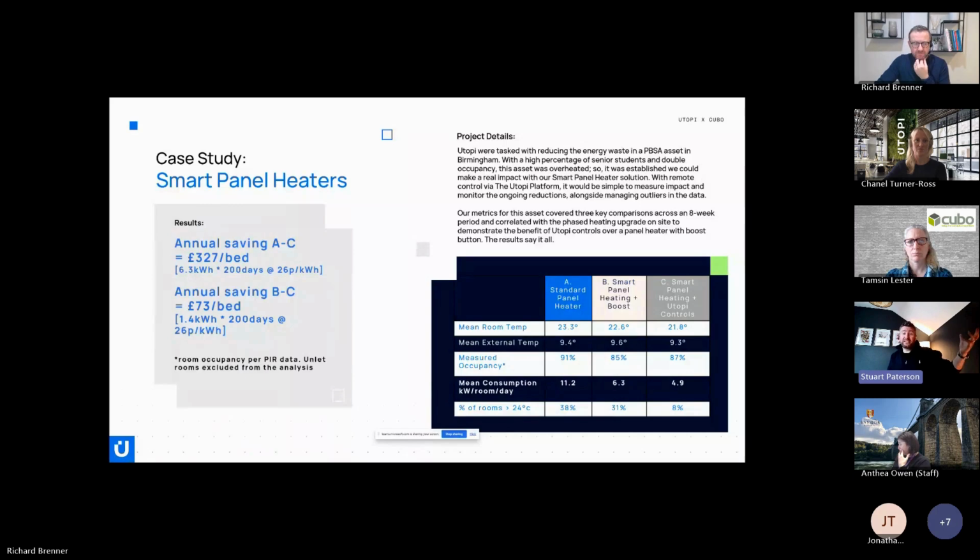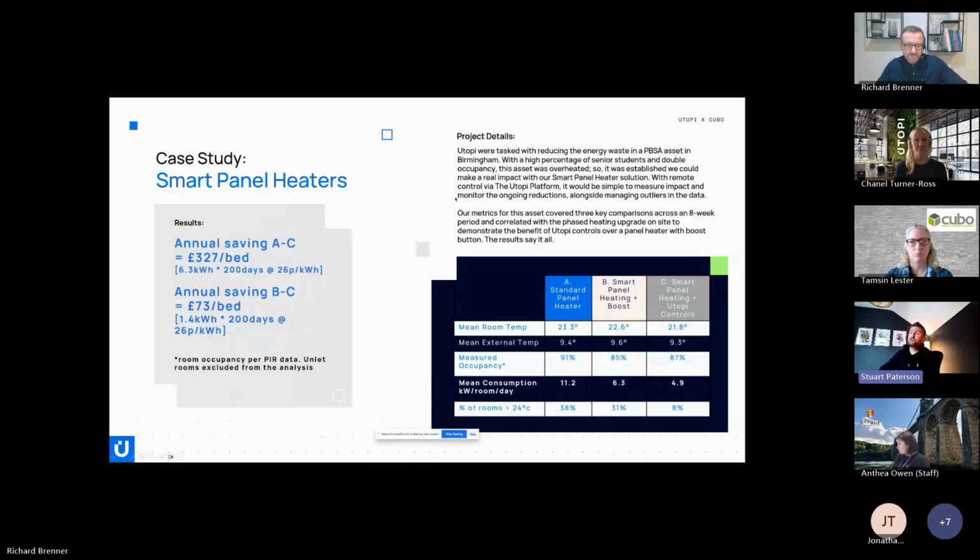With the existing technology we've got in the building, we were able to develop an integrated heating system that benefited from the existing technology in the smart environmental sensor. We then installed it in the existing panel heaters, so it was a really low cost, easy retrofit solution.